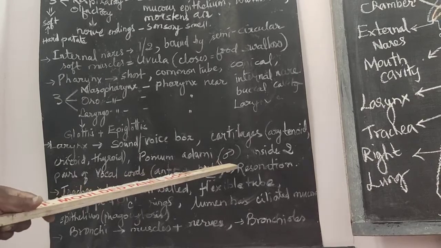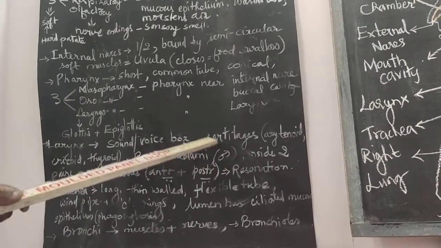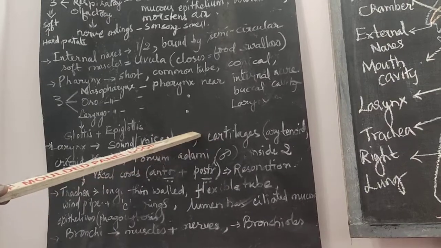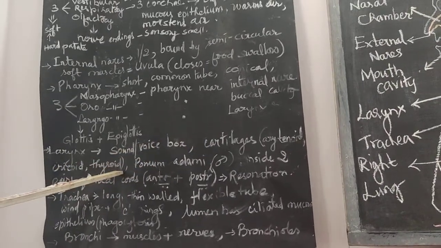So you generally find Adam's apple or pomum adami in males, which is a protrusion of the thyroid cartilage at the ventral location.